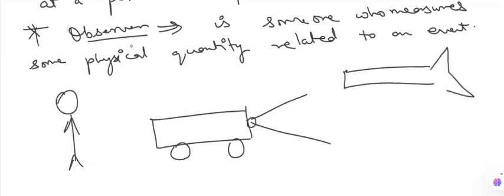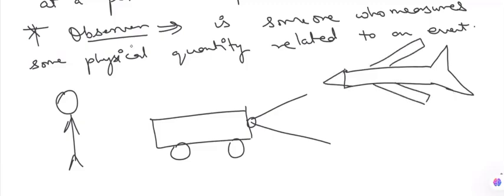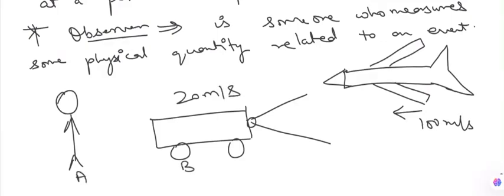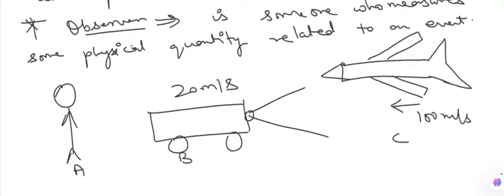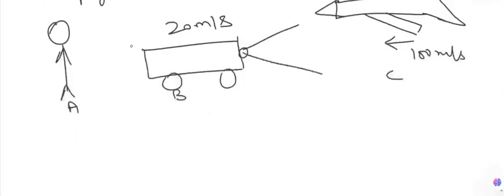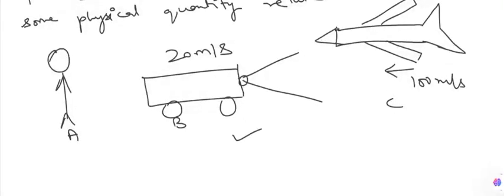Suppose the plane is traveling with 100 meter per second, the car is traveling with 20 meter per second, and the person is at rest. Let the person be A, the car B, and the plane C. As per A, the velocity of B is 20 and the velocity of C is minus 100. Correct?